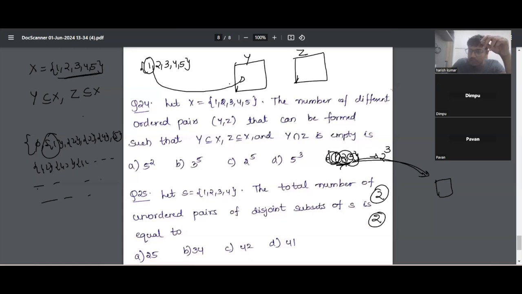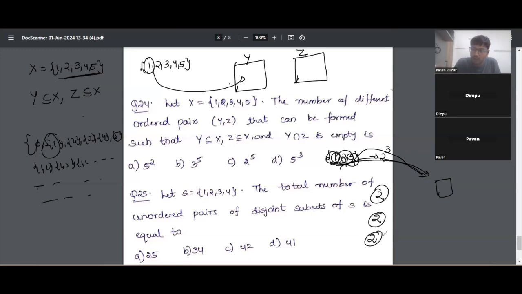What about 3? 3 also has 2 chances. It can choose to be part of that subset or not. You understood this point? So each of them has 2 chances, right?